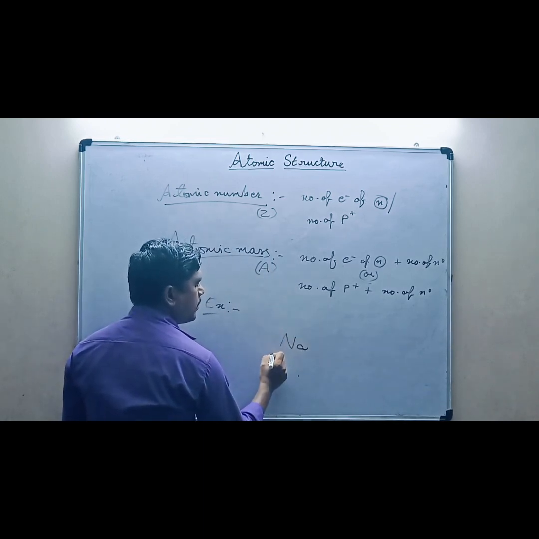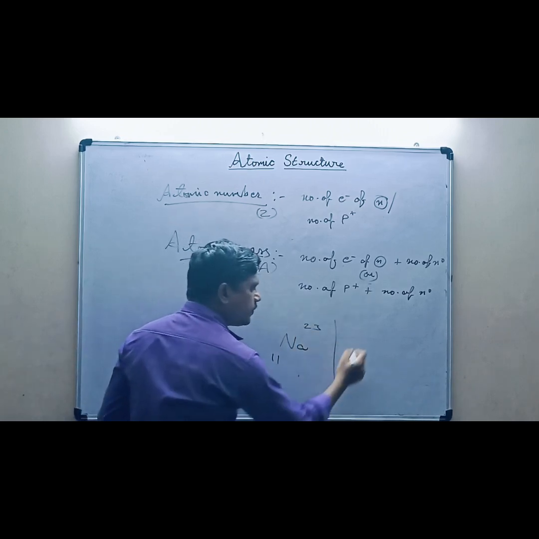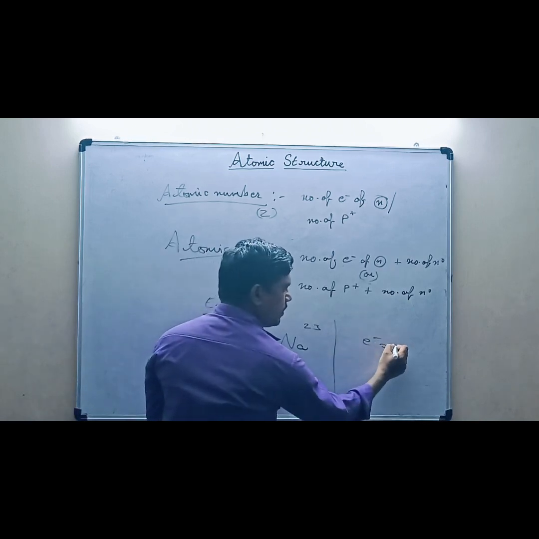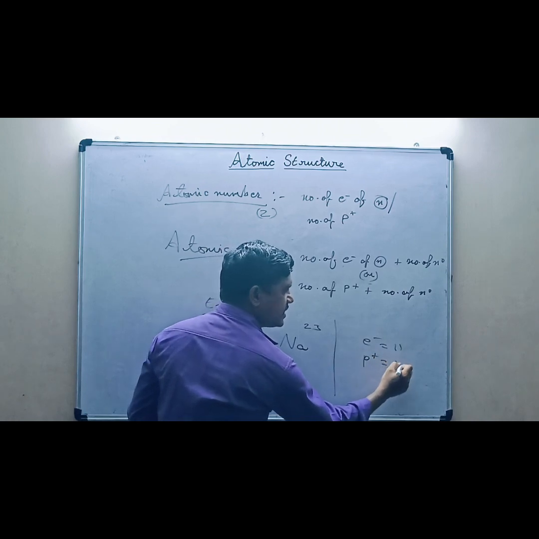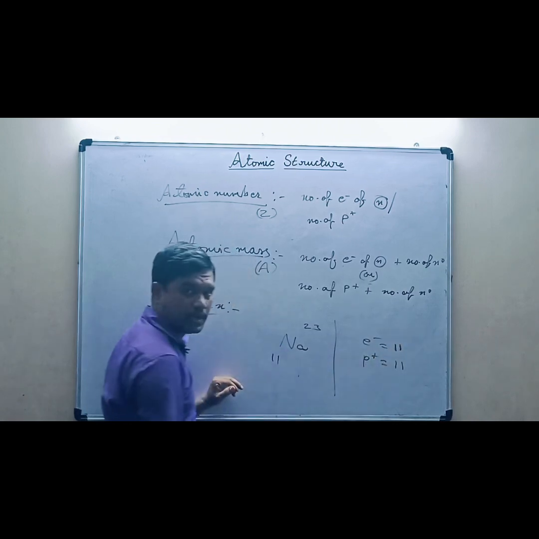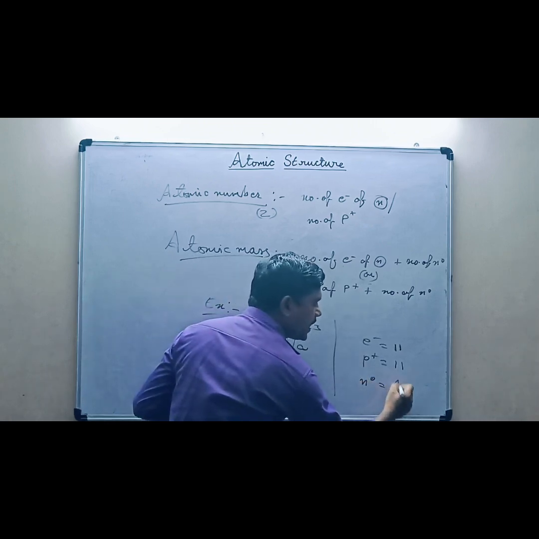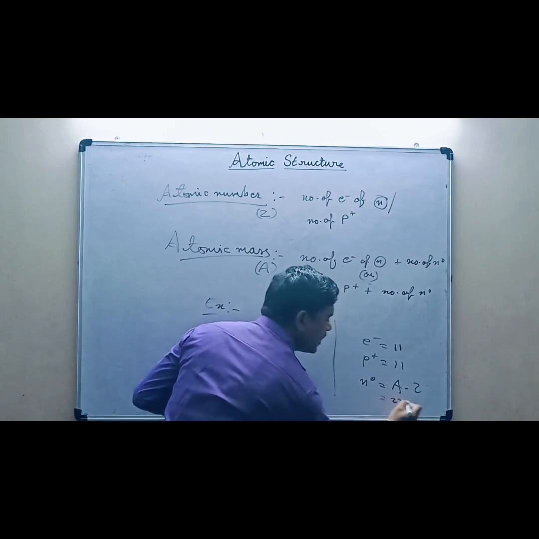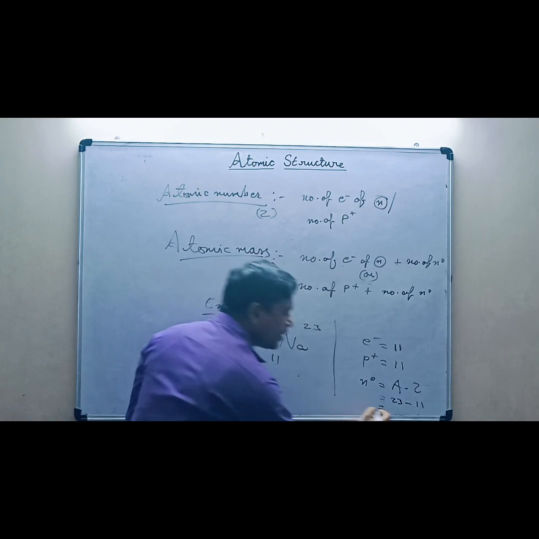Sodium has atomic number 11 and mass number 23. The number of electrons is 11 and the number of protons is also 11, the same number. When it comes to neutrons, as the formula A minus Z applies, mass number 23 minus 11. So what value comes here? 12.